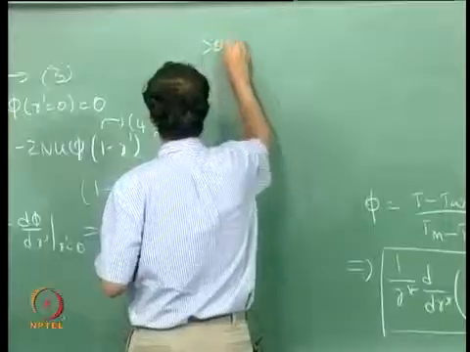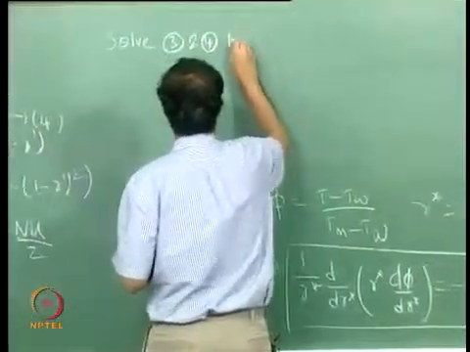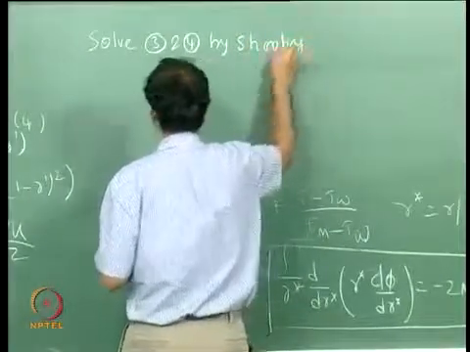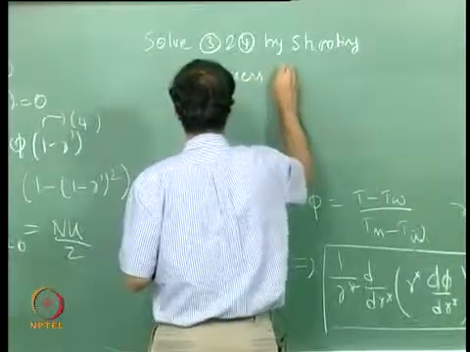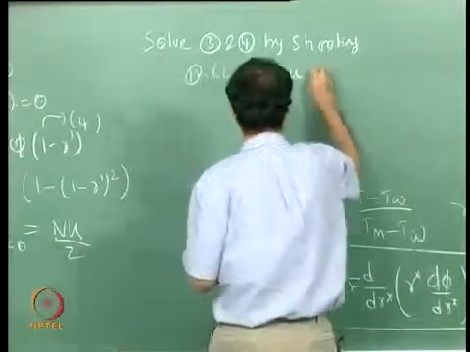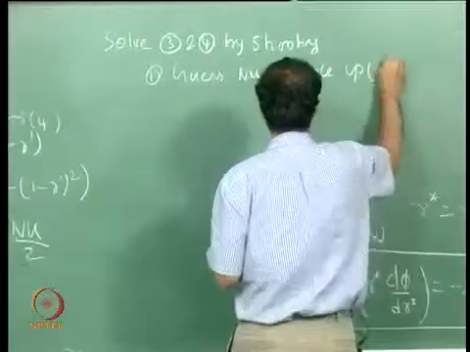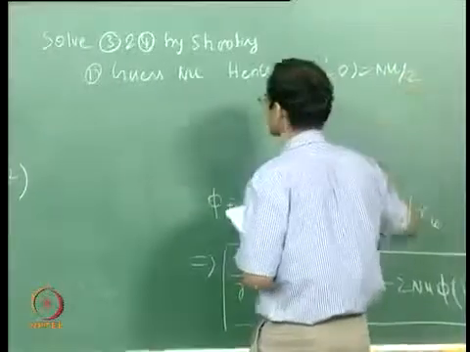So solve 3 and 4 by shooting. Step 1 is to guess nu, and hence your psi at r prime equal to 0 is calculated as nu by 2.